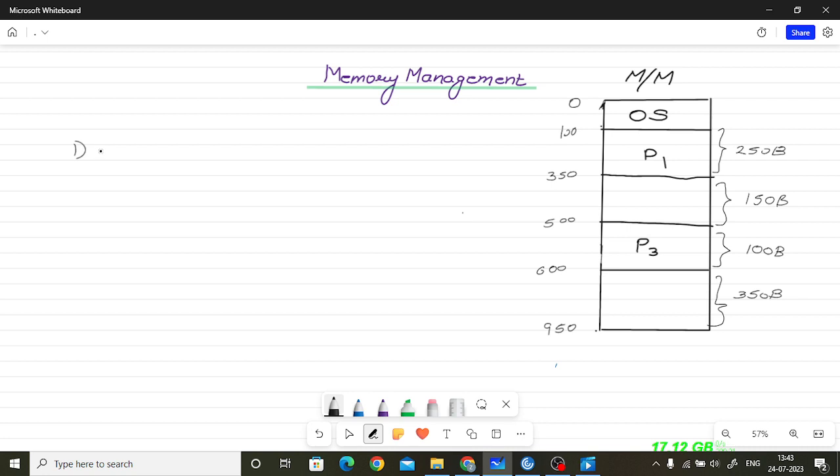The first method we are going to discuss is bit mapping for dynamic partitioning.